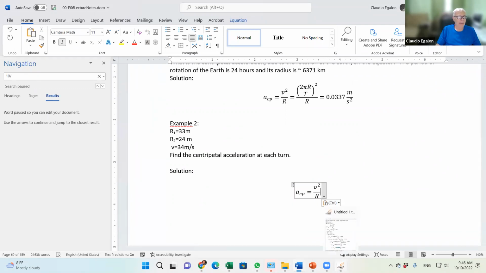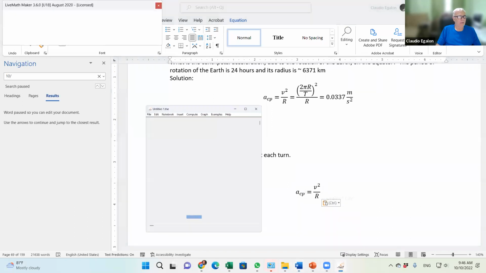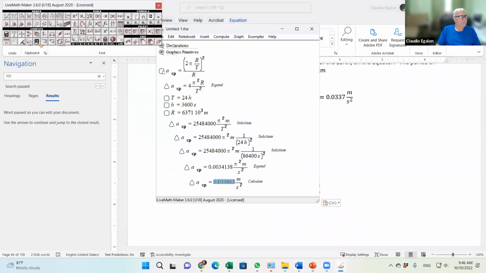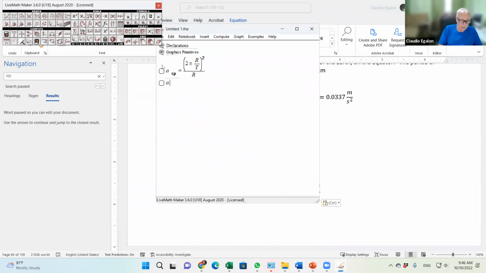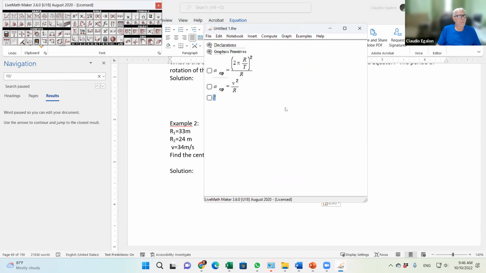Go back to my software here. Here you go, centripetal acceleration equals v squared over r. You can do that with your calculator, with Excel, or with any other software you have out there. But now my v is what again? 34 meters per second. We have two radii, R1 equal to 33 meters, R2 equal to 24 meters.